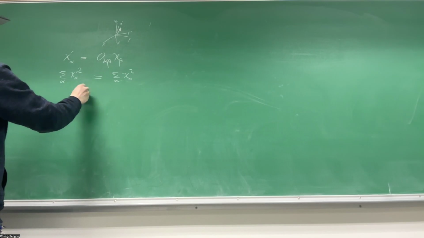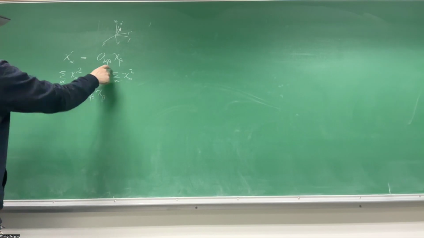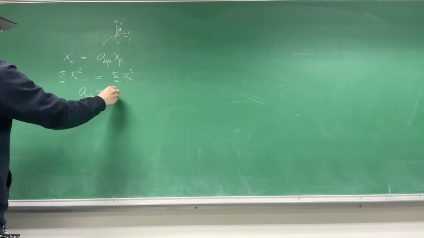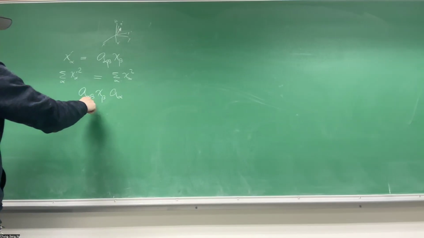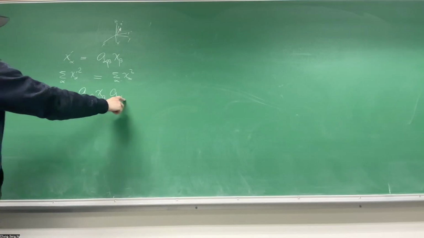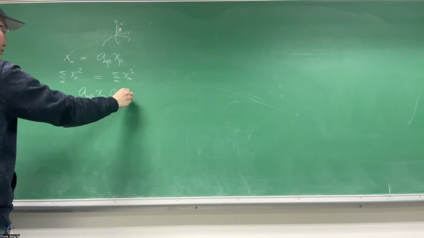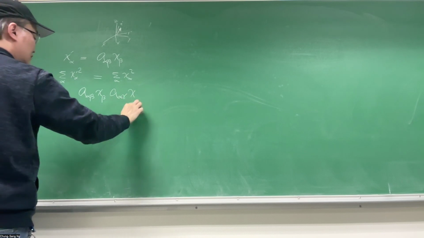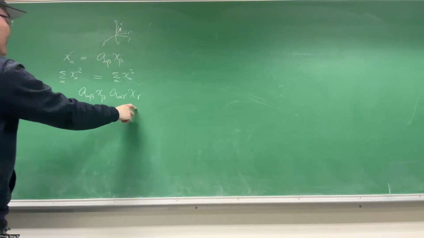Obviously the first one is just A alpha beta x beta, right? That's just one of them. The other is a sum over alpha, and so you have another alpha. But then you cannot use the same beta because you already sum over it. For the second one, you use another label, like gamma. It doesn't really mean gamma.